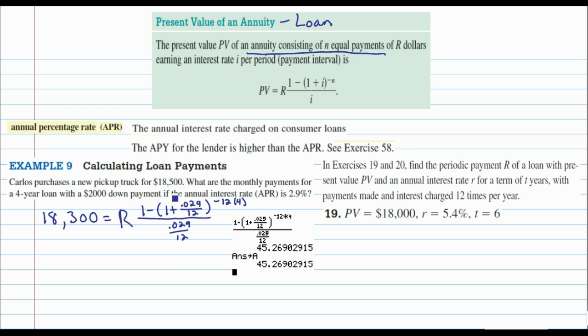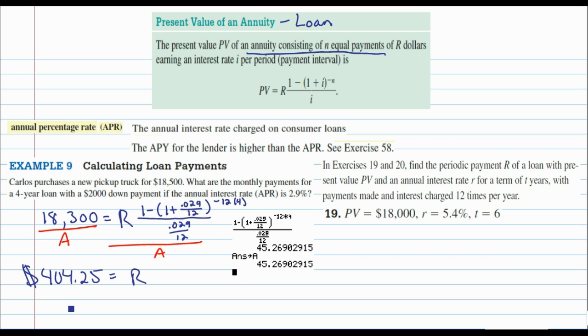So I found that this simplified value was about 45.269. So I stored that as A, and I'm going to divide, because I've got to solve for R. So I'm going to divide both sides of my equation by A. If you put on your piece of paper A equals 45.27, then I know that you stored it in your calculator as A, and you can just go ahead and write A instead of that whole big mess.